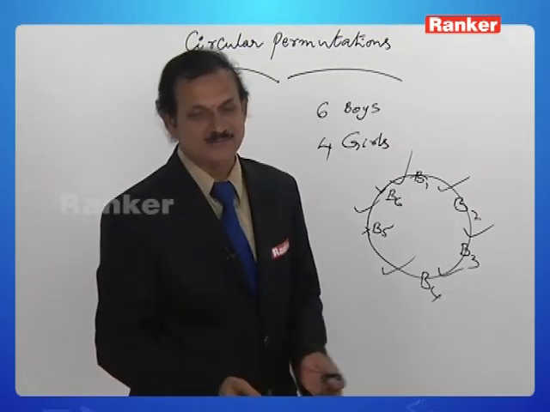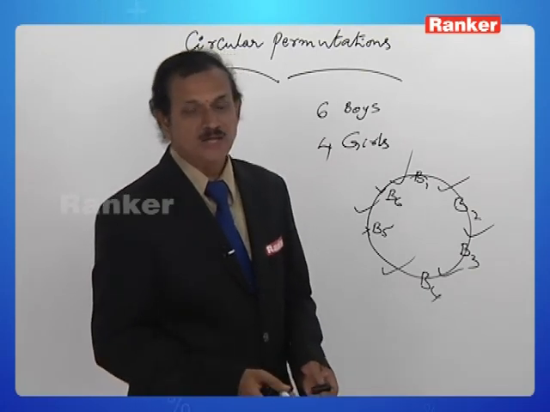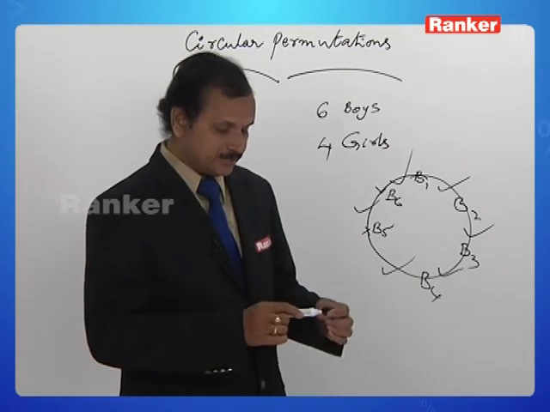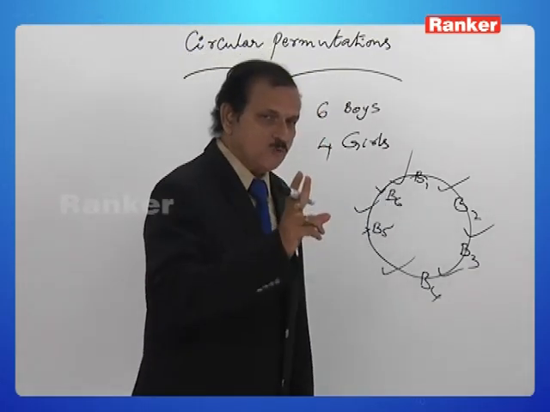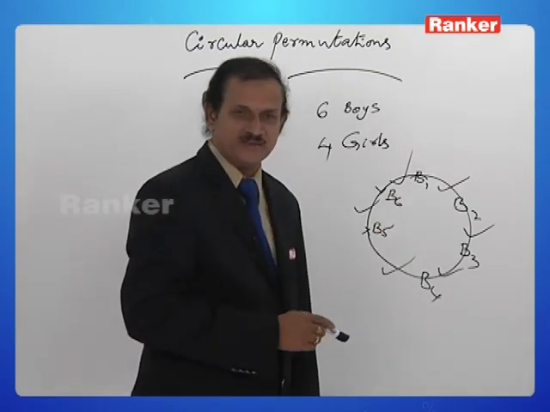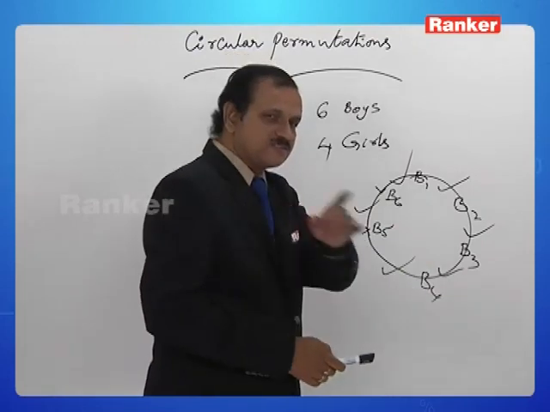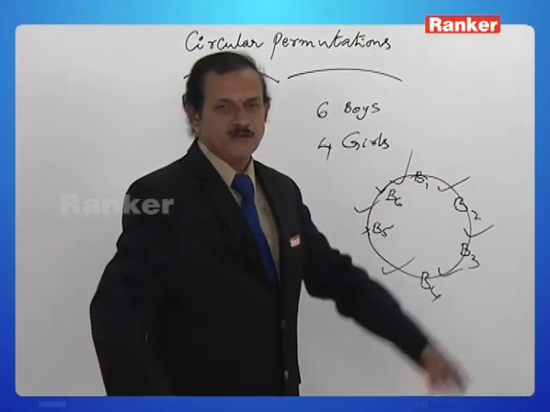Come on, what is the answer? Can you use the circular permutations formula? It's not possible. Here the thing that must be kept in mind is, as and when you fix the places for the things to be arranged, these permutations must not be considered circular. They are linear.